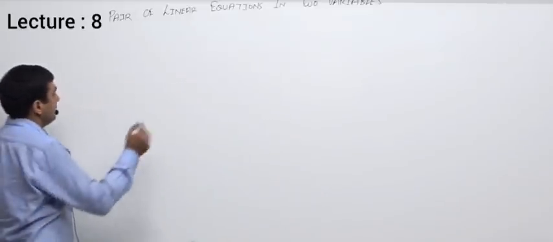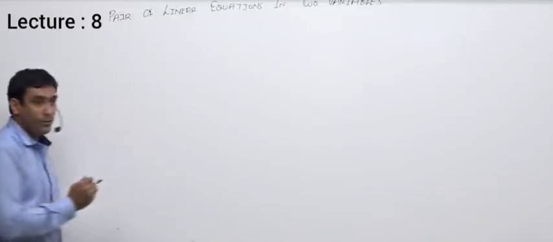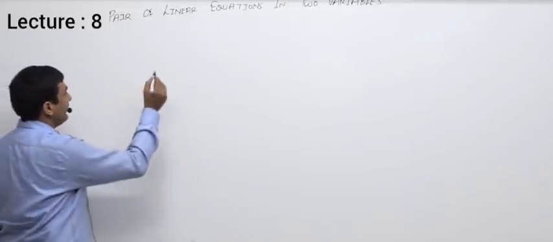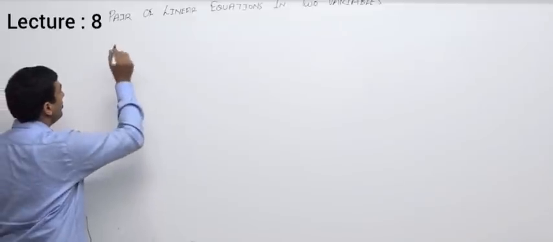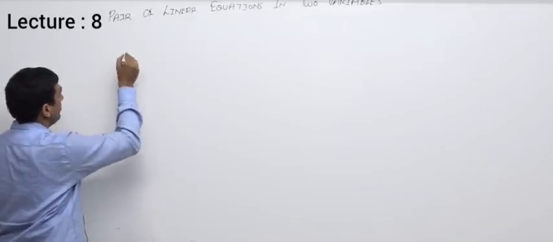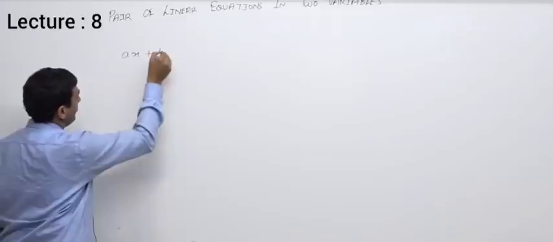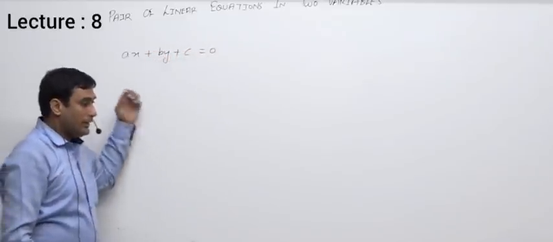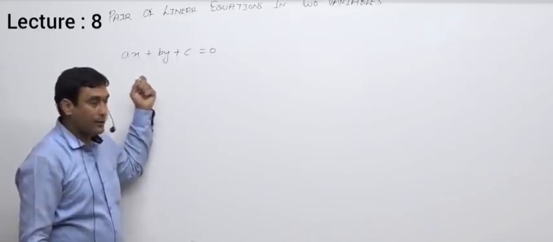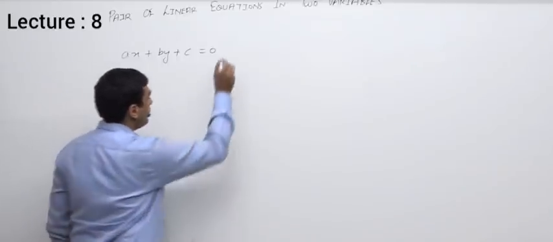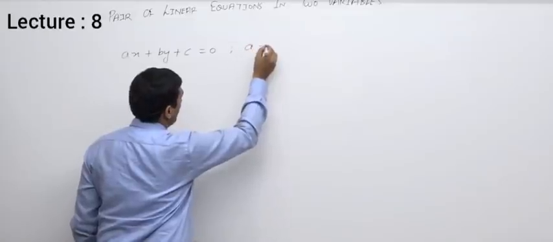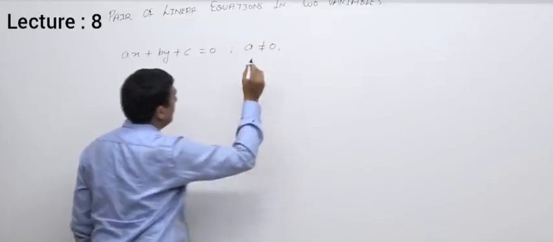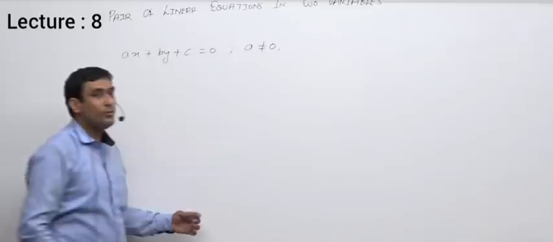The standard way to write a linear equation in two variables is ax plus by plus c is equal to 0. There are some conditions, that is a not equal to 0. Why should a not be equal to 0?